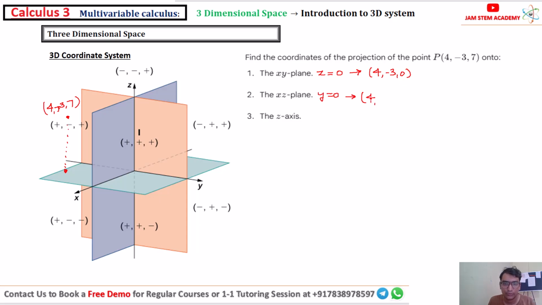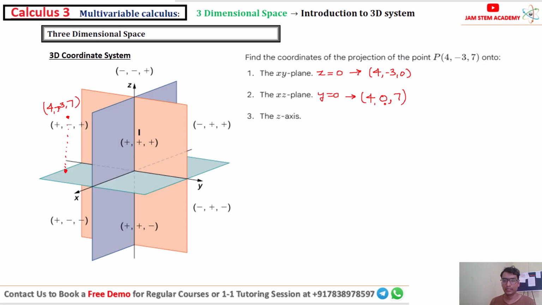So we have 4, then 0, and the z coordinate as 7. This is your y equal to 0 plane, or you can also call it the xz plane. On this xz plane, we are not traveling any y distance. We are not going left or right.